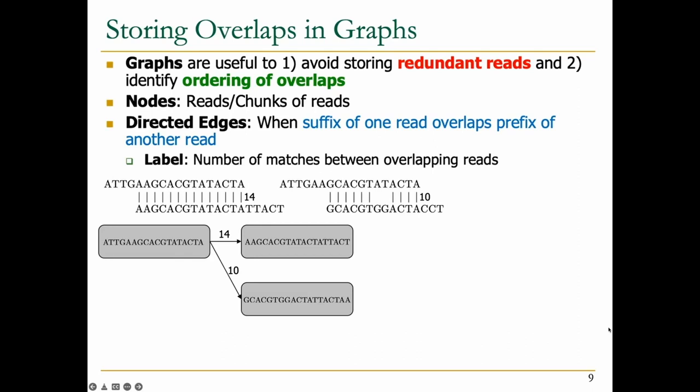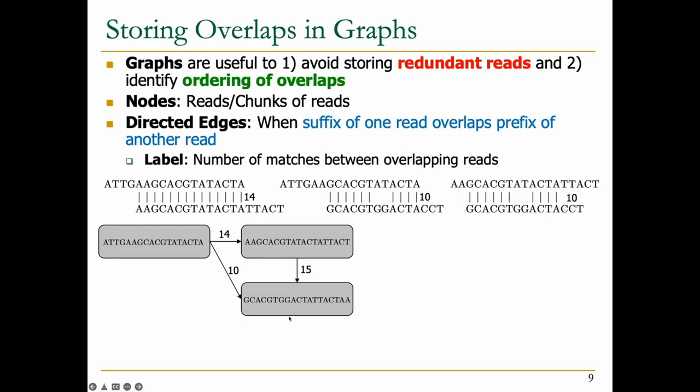Whatever process you want to do next, you can store whatever information you want here. But when we create an edge, we know that, for example, here these two reads overlap with each other, such that there are 10 characters exactly matching between this read and this read, right?